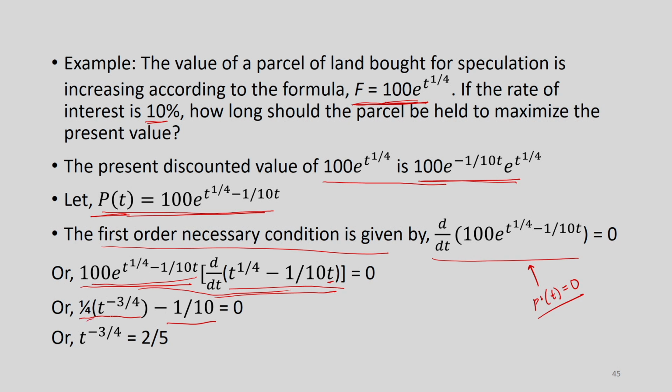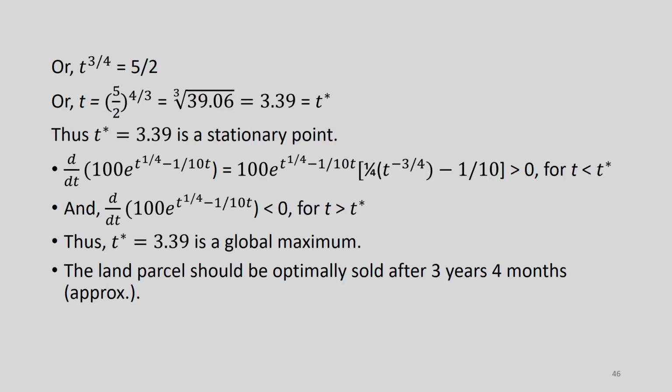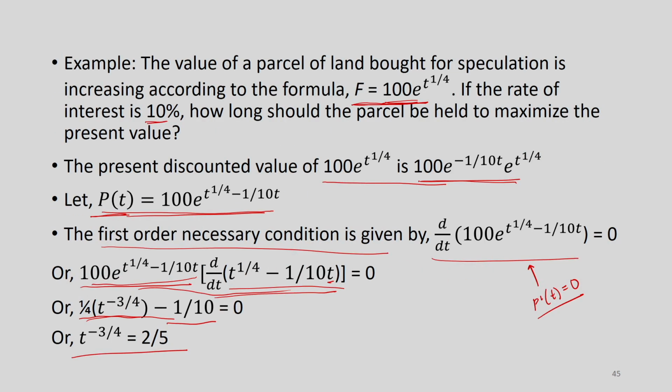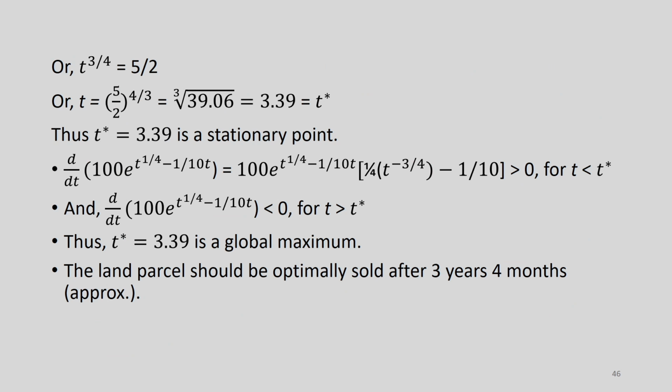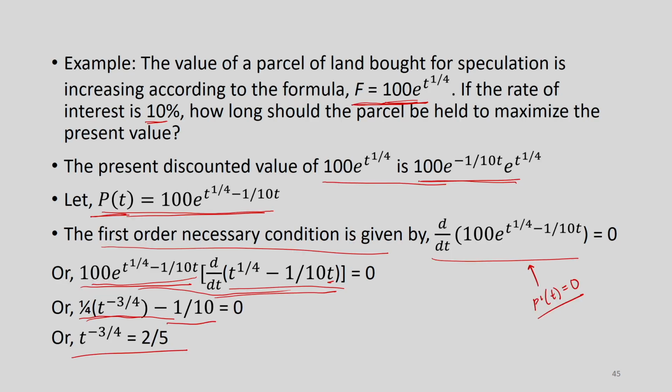This is the condition we are getting, and then we simplify it further, and it becomes t to the power minus 3/4 is equal to 2 divided by 5. So, we are multiplying both sides by 4, and from here we get 5 divided by 2.